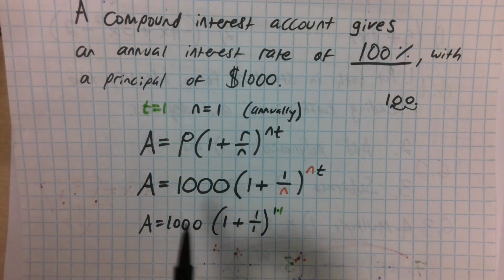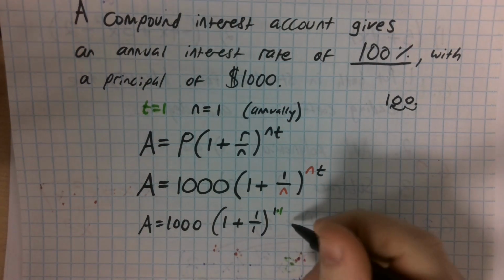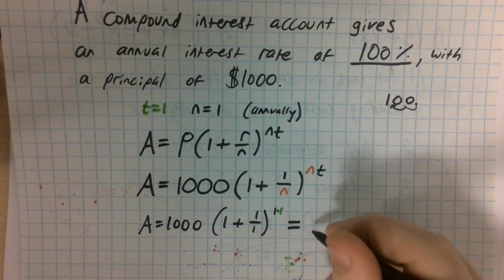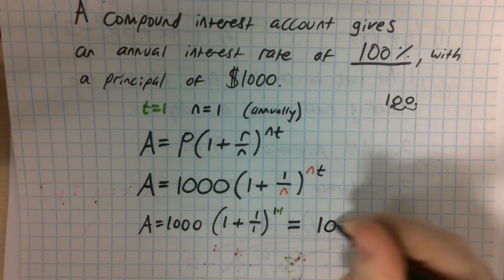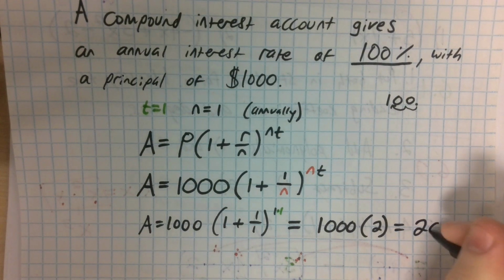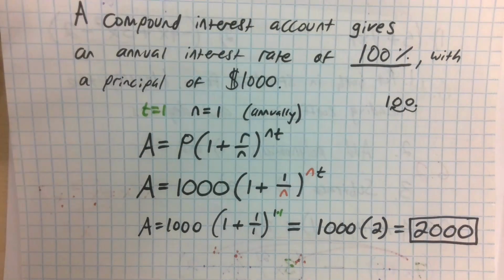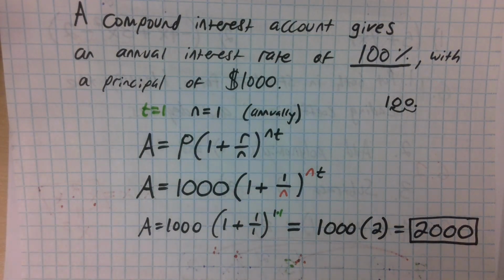That's an easy one. 1 plus 1 over 1 is 2. 2 to the first power is just 2. So this is really just 1,000 times 2, which is 2,000. We would have $2,000 after 1 year. Not too shabby, if I say so myself.